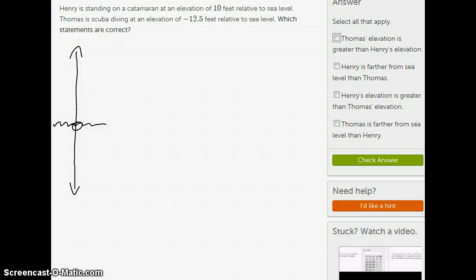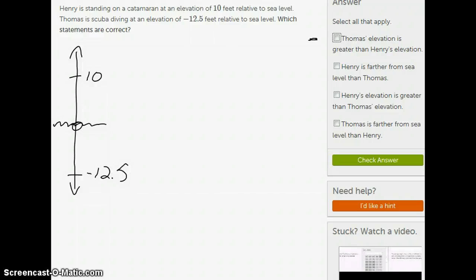So I have Henry at 10 feet, standing on a catamaran, which basically is like a bridge, feet relative to sea level. Thomas is scuba diving at a negative 12.5 feet relative to sea level. Again, I have 4 options over at the right. Okay, first one says Thomas's elevation is greater than Henry's.